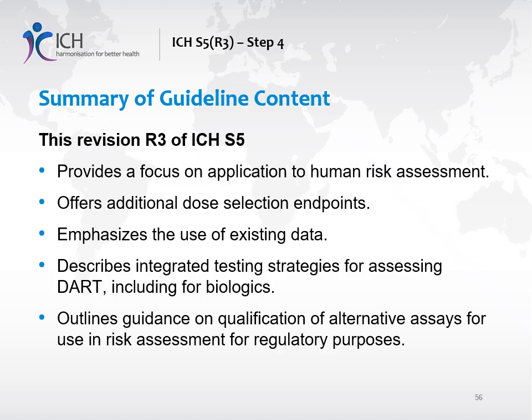In summary, the third revision of the ICH S5 guideline provides a focus on application to human risk assessment, offers additional dose selection endpoints, emphasizes the use of existing data, describes integrated testing strategies for assessing DART, including for biologics, and it outlines guidance on qualification of alternative assays for use in risk assessment for regulatory purposes.